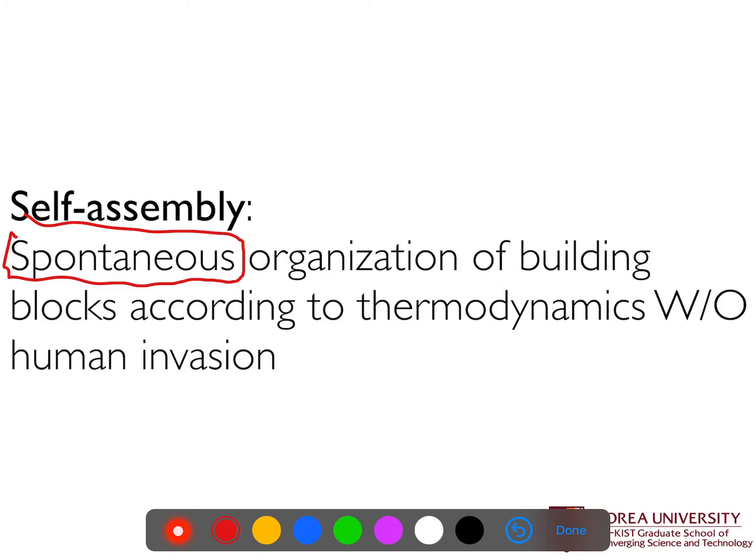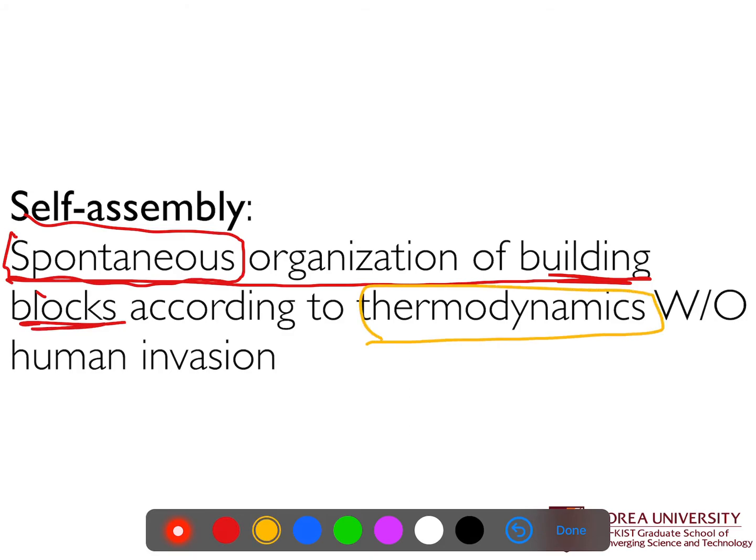And under a specific condition, the thermodynamically favorable state, the initially randomly dispersed building blocks are going to be assembled into a specific pattern or structure, much like the biological components found in your body. So we can say that self-assembly is the spontaneous organization of building blocks according to thermodynamics, and this process can happen by themselves without any kind of human intervention.